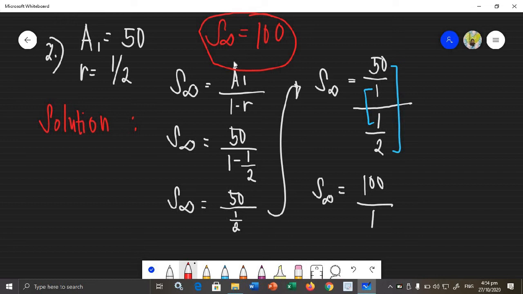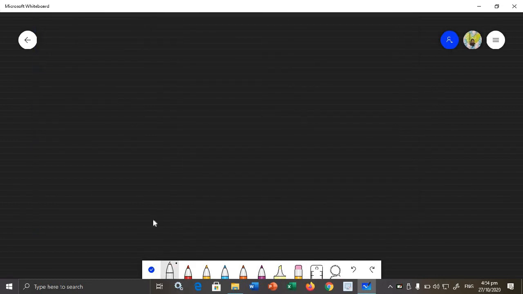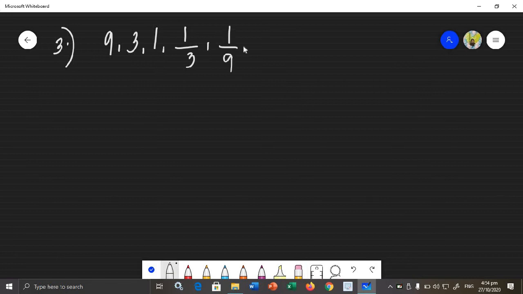So, next example, number 3, our last example. Paano naman kapag hindi nakalist yung given sa problem? Let's say we will find the sum of the given infinite geometric sequence, which is 9, 3, 1, 1/3, and 1 over 9, and then you can see an ellipsis.